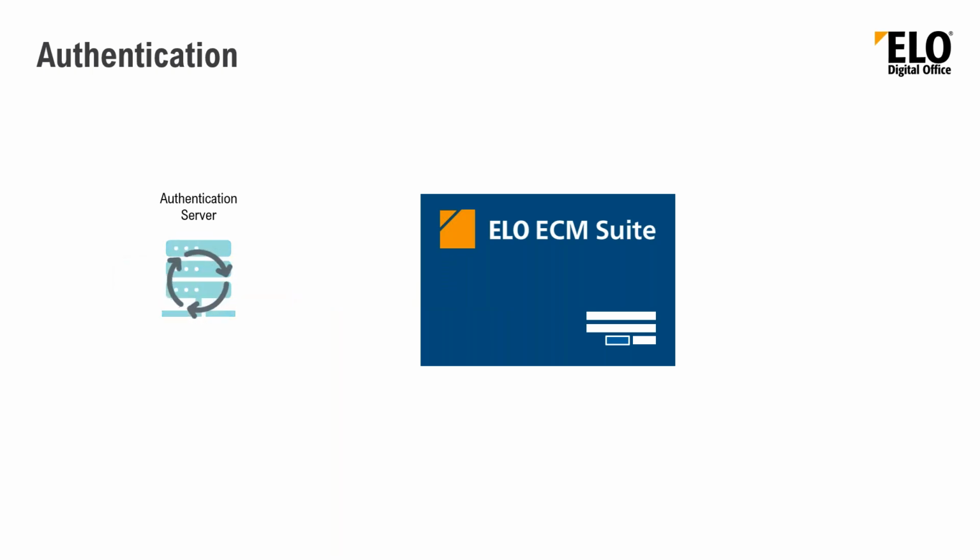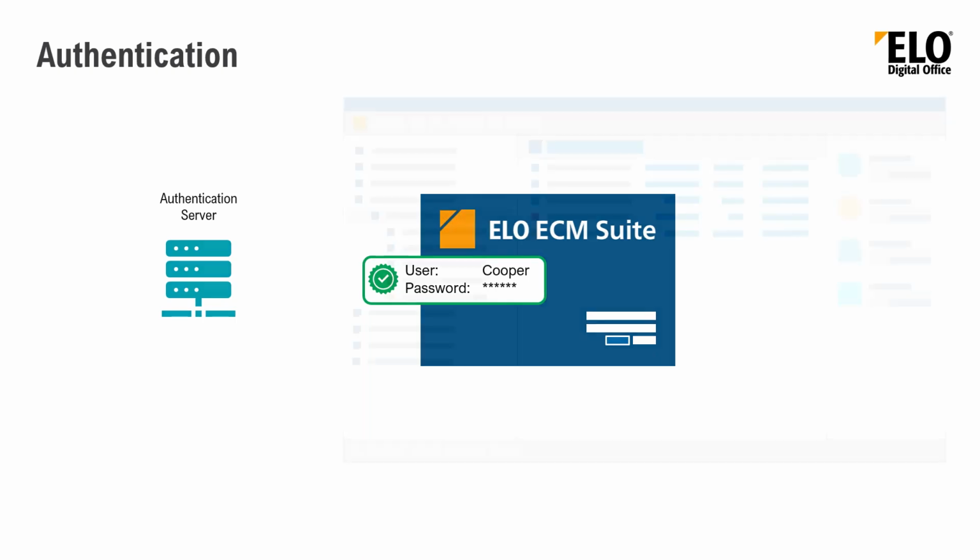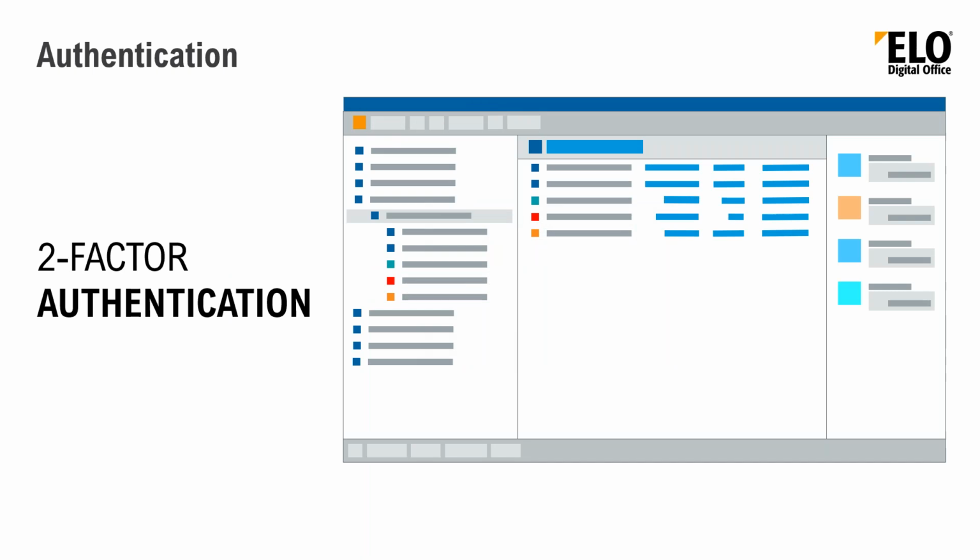And the authentication server compares the key with your username and your password and sends back an okay, this fits. This is the user is allowed to access the repository. That's the so-called two-factor authentication. Two-factor because you know something, that's your username and your password, and you have something, that's your key, which fits to your username and your password.